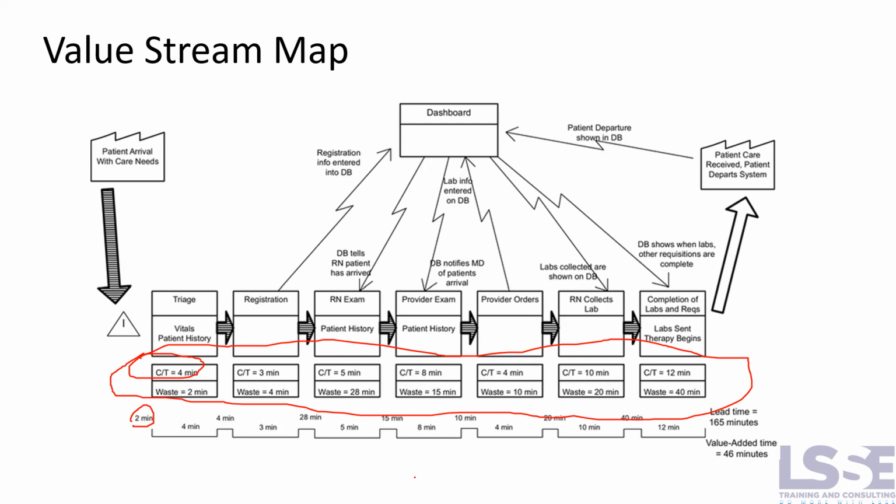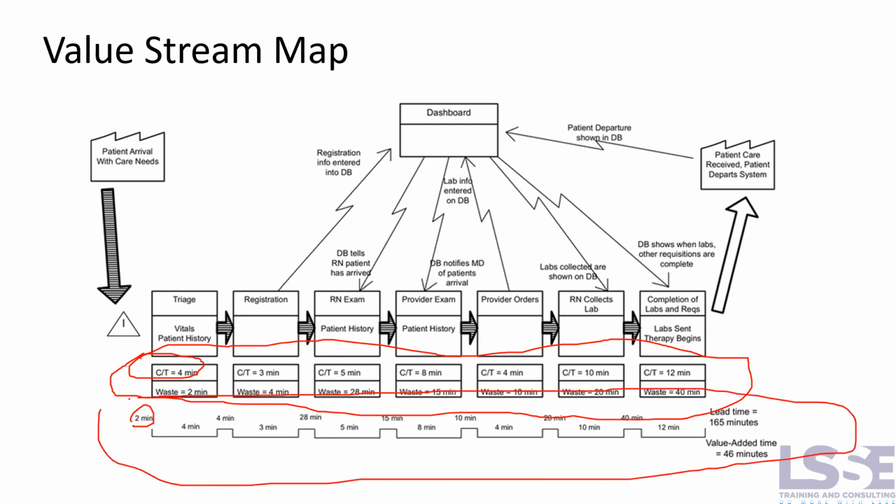So the added complexity of a value stream map versus, let's say, a flowchart is that it has information on the waiting time and the cycle time. So how do we interpret a value stream map? In this case, there's a triage and there's a registration. There's an exam by the RN and another exam.